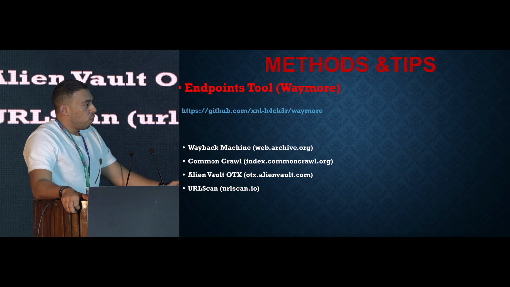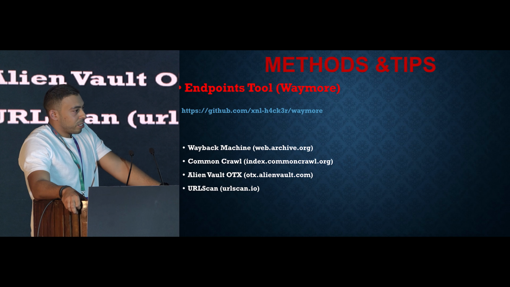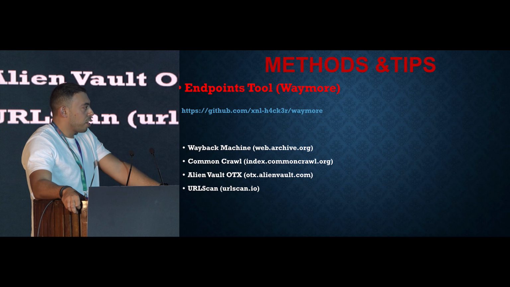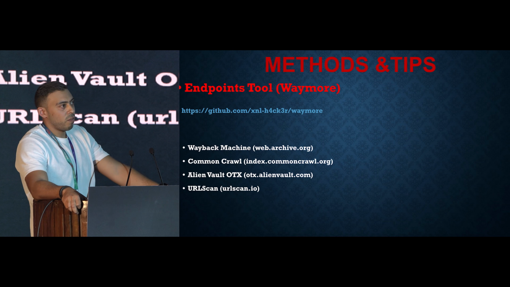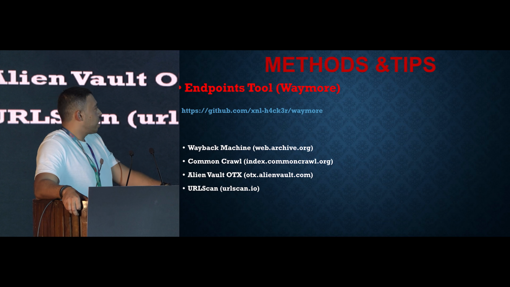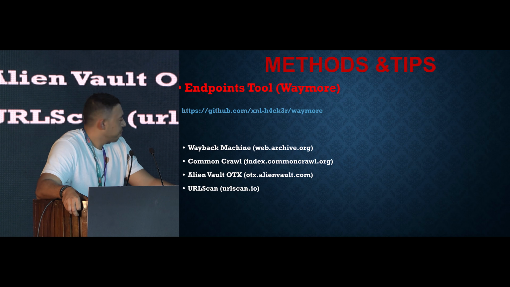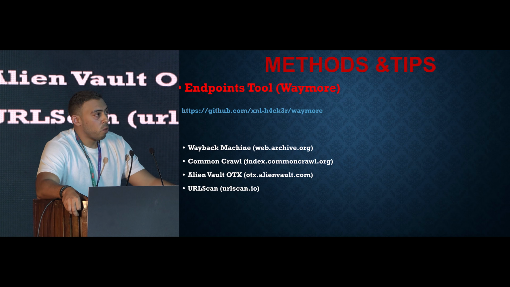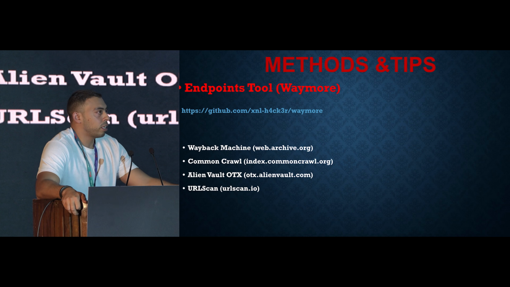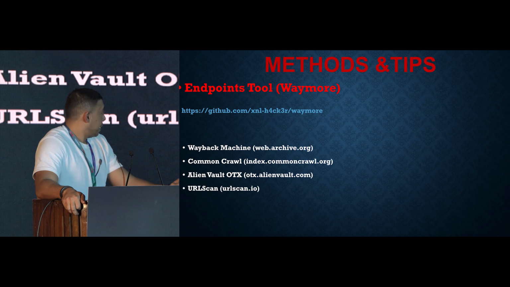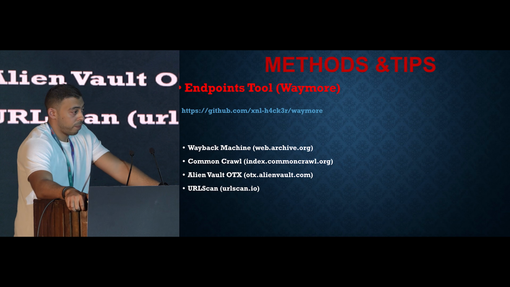Now, an amazing tool for gathering endpoints. I think mostly for collecting endpoints, people use a tool called Waybackurls. Is that right? Okay. Waybackurls just collects URLs from the Web Archive. But here we have a tool called Waymore.